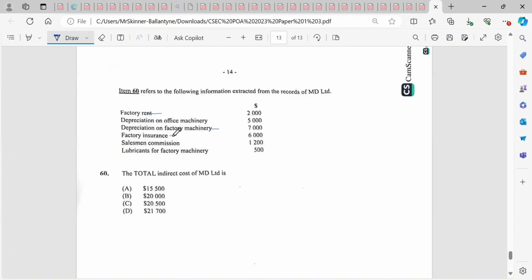Salesman commission, no, because that has nothing to do with the factory. Lubricant for factory machinery, yes. So you're going to add up those. That's 15,500. So the answer is A, and that is the end of 2023.